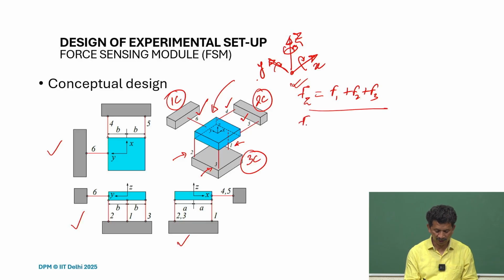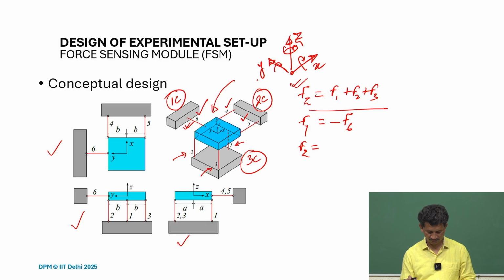Similarly, Fy, if we do, Fy is only along the 6 direction, and in this case Fy will give me the compressive load on that wire, which we can say F6.